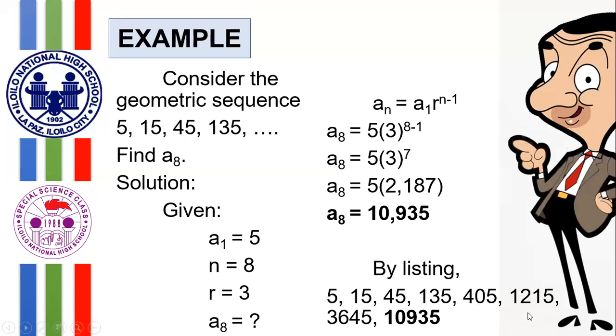Times 3, it's 1,215. Times 3 will give you 3,645. Times 3 will give you 10,935. So you could see 1, 2, 3, 4, 5, 6, 7, 8. Indeed, 10,935 is the 8th term of this geometric sequence. And if you got it, great job.